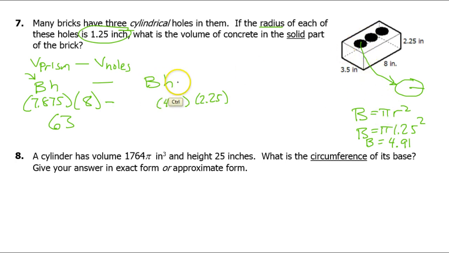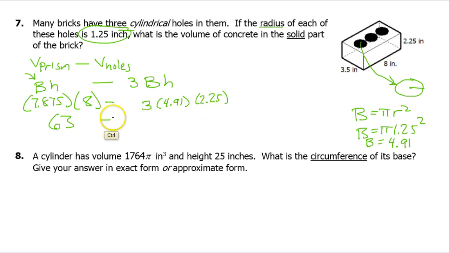Base times height, that's just a single cylinder. There are 3 cylinders. So instead of just subtracting base times height for a hole, I need to subtract 3 of these. So I don't have to do it 3 times, I just need to put a 3 in front of this. So now I've tripled the amount of hole that I'm subtracting, because there are 3 holes.